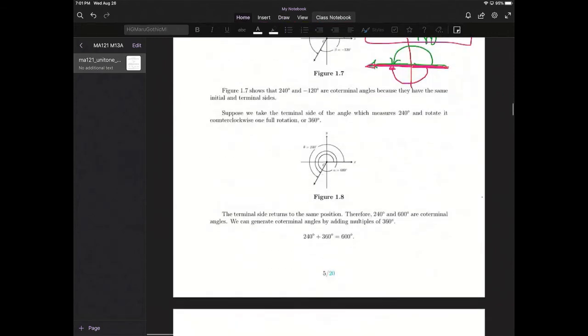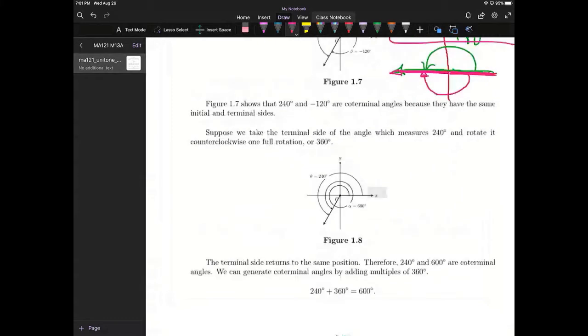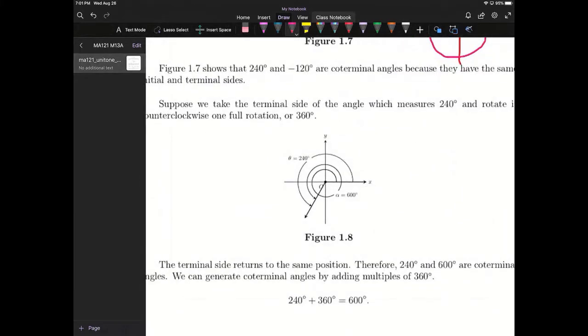Okay, so the textbook also shows you another example there. You can see that 600 degrees is coterminal with 240 degrees. The textbook shows two positive angles that are coterminal, 240 and 600.